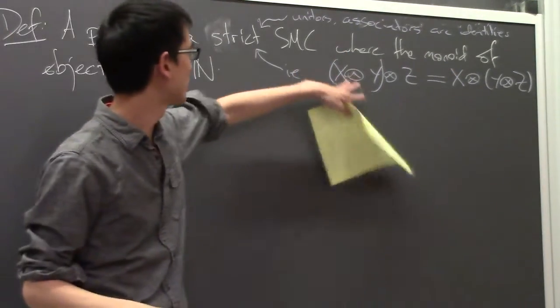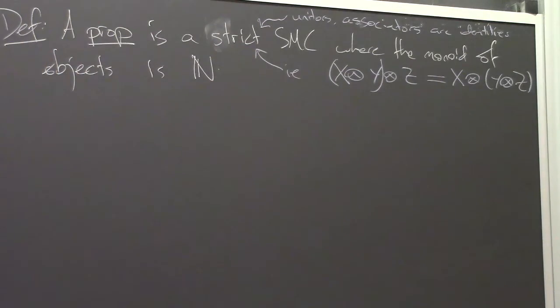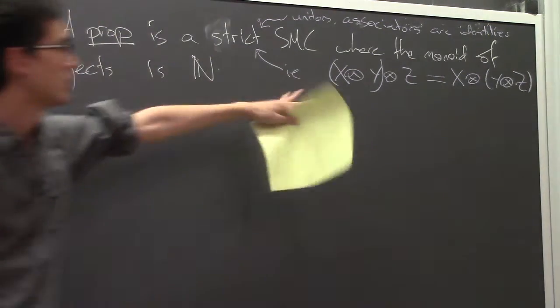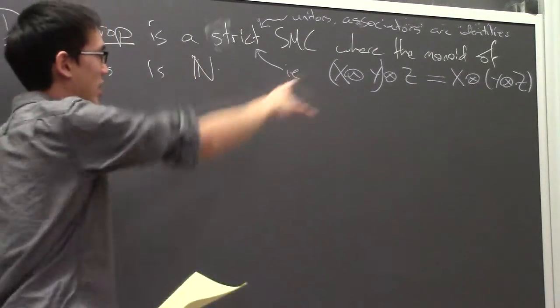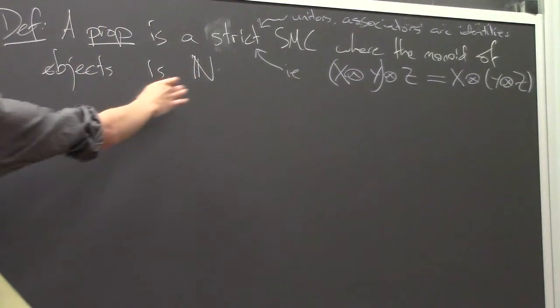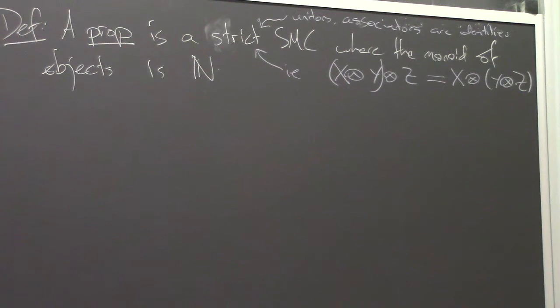So in particular, this means the objects form a proper monoid and not just some sort of lax notion of monoid where we witness these things by isomorphisms. And in particular, a prop requires that monoid to be the natural numbers, so to be free.